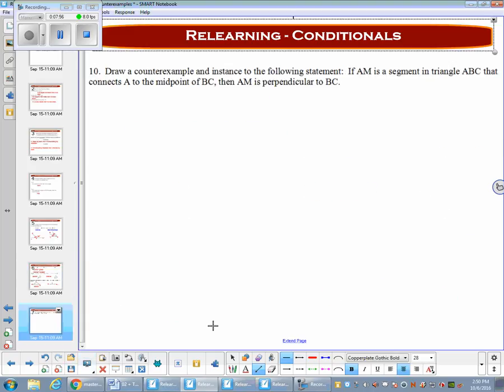Finally, draw a counterexample to the statement. If AM is a segment in ABC that connects A to the midpoint of BC, then AM is perpendicular to BC. This one's a little tougher. So we have triangle ABC.